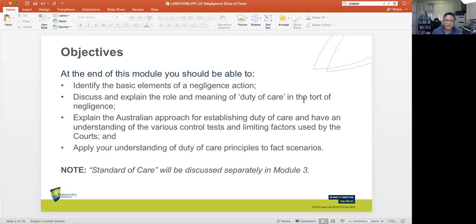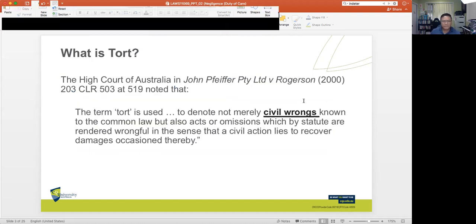So as I mentioned, it's one thing to talk about a duty of care, but it's altogether a different question as to what the content of that duty of care is and to whom it might be owed, and in fact, what the standard of care might be that is part of that duty of care. We examine that in module 3.